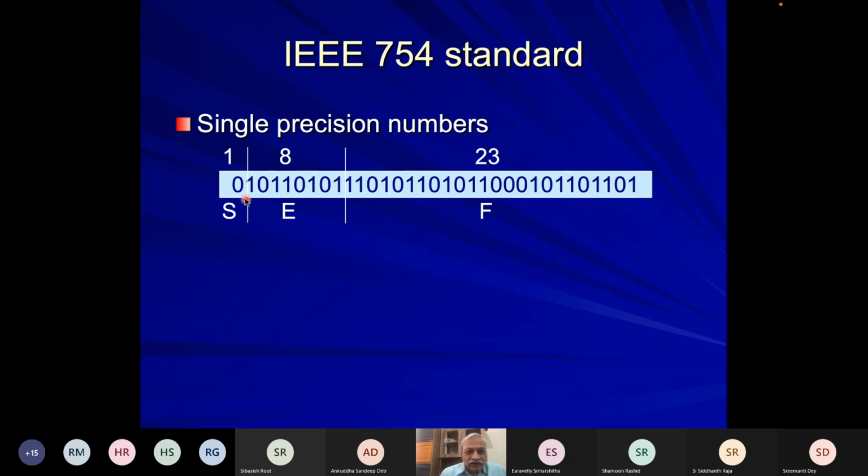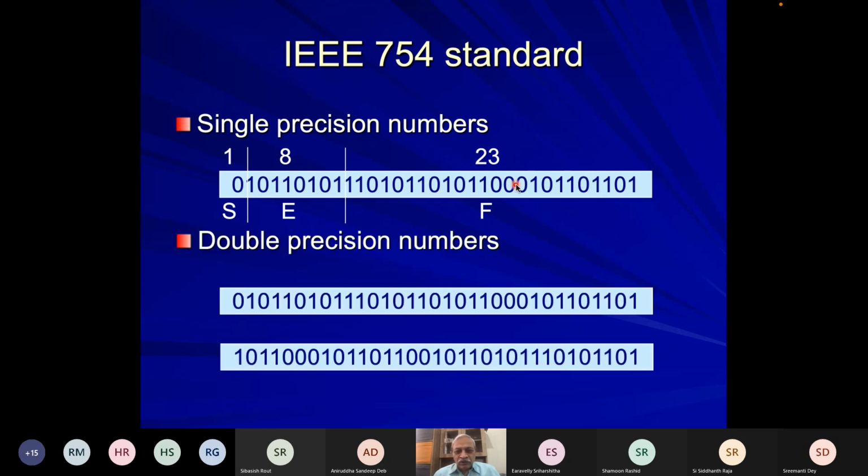The first one on the left is sign, then there are 8 bits for exponent, and f or the fraction requires the remaining 23 bits. In double precision, you use 2 32-bit words or 1 64-bit word, and the division is as follows: 1 bit for sign, 11 bits for exponent, and a total of 52 bits for the fraction part.